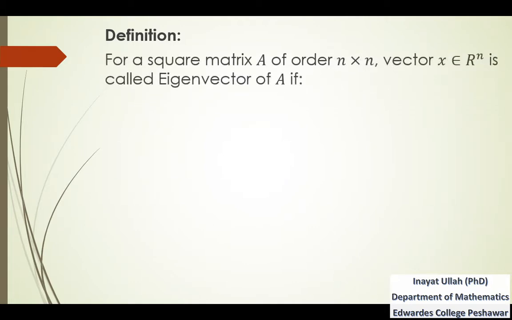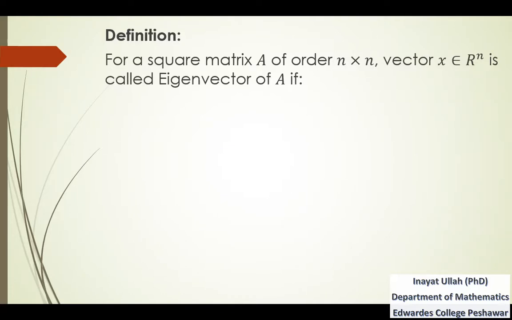That is the definition. For example, we have a square matrix of order n by n. Remember that whenever you are talking about eigenvalues or eigenvectors, we will be dealing with square matrices.